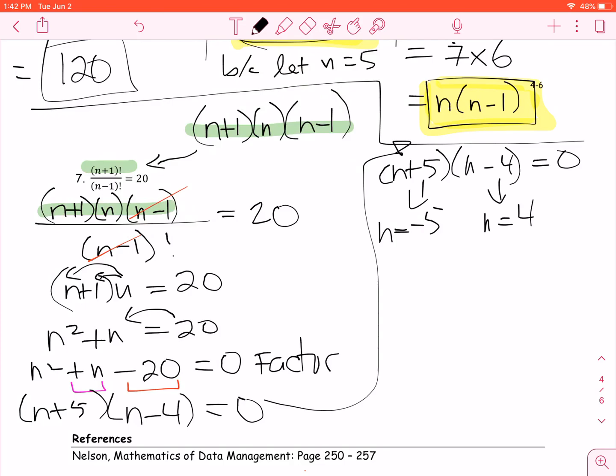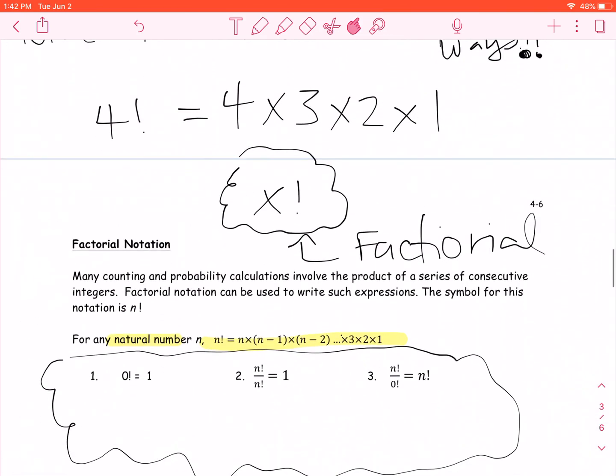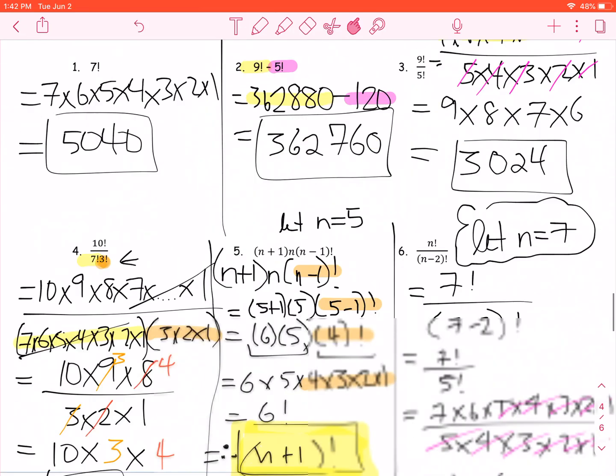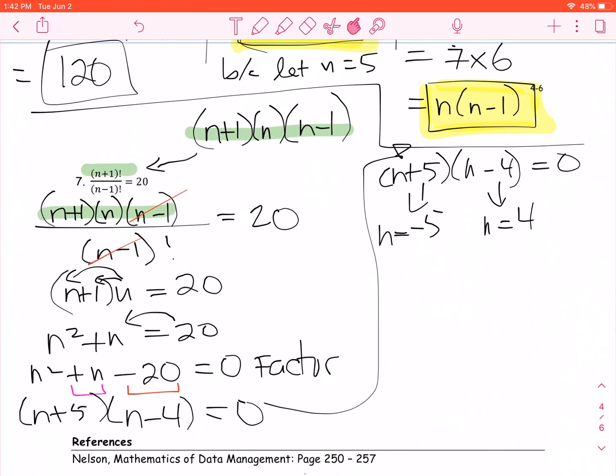But if you recall, in the presentation of what factorials are, factorials have to be a natural number, so that's any number that is 0 or positive. So actually, negative 5 does not count. We can say here that n is actually just equal to 4.